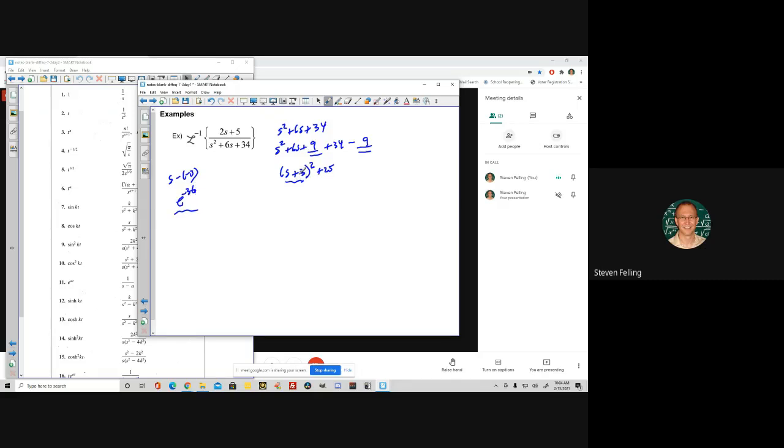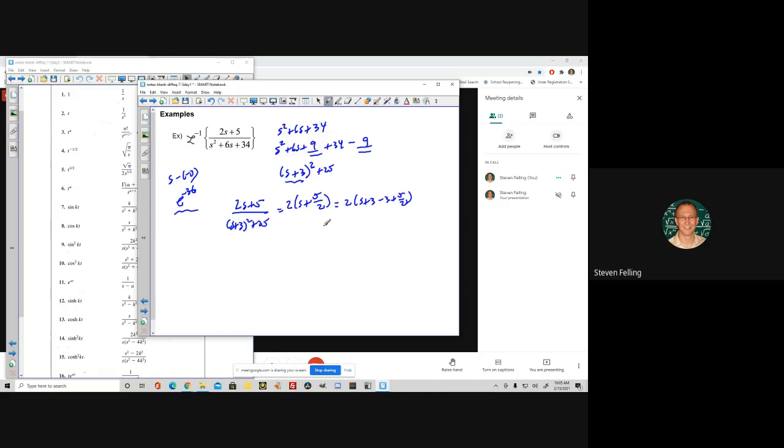All right, so now let's put it all together. We've got (2s + 5) over what's now (s + 3) squared plus 25. I'm going to break this up first, this is the way I do it: pull out the 2, and then make it s plus 3 minus 3 plus 5 halves, right?